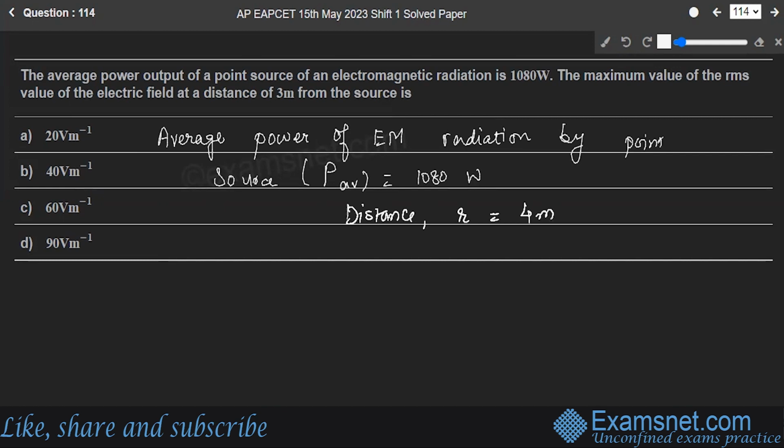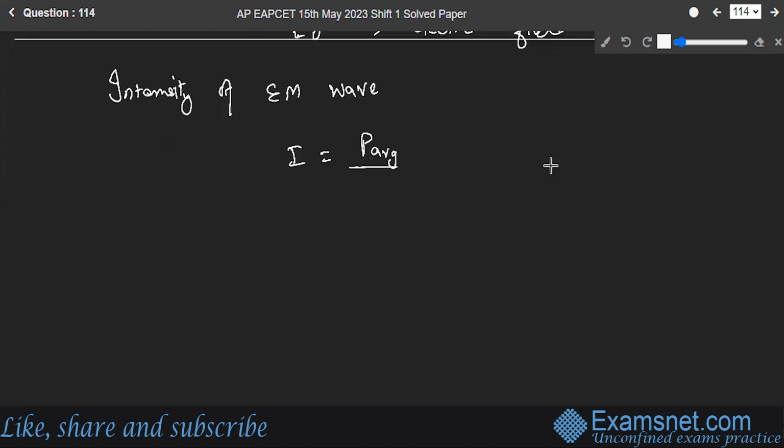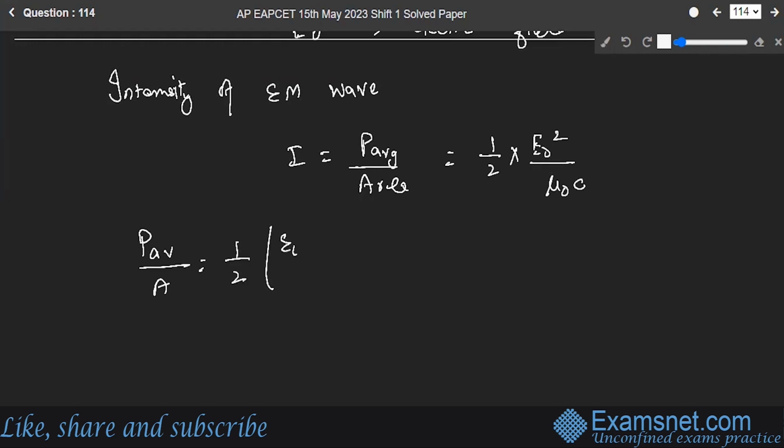So let the electric field be denoted by E naught. So the intensity of an electromagnetic wave is given by I is equal to P average divided by area. So you have P AV upon A is equal to this.